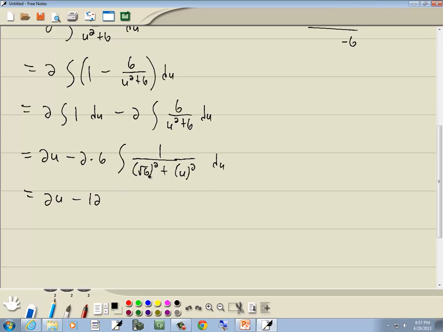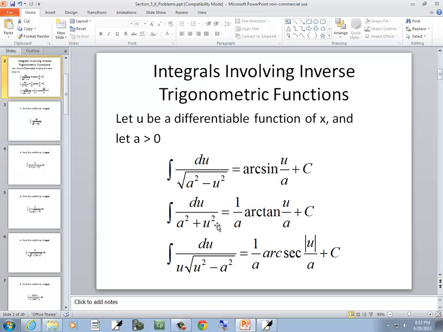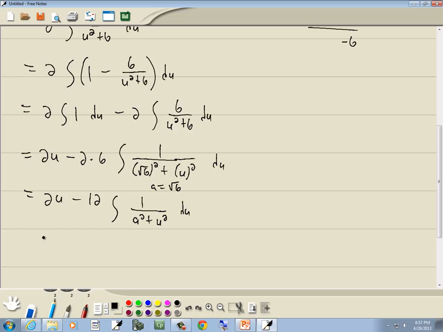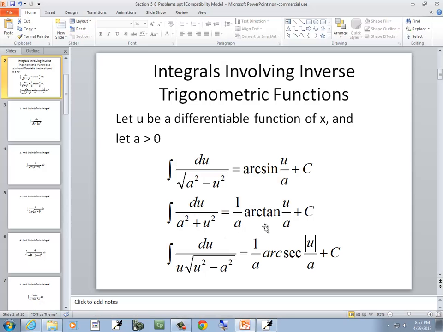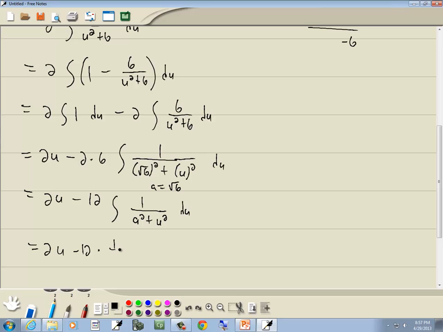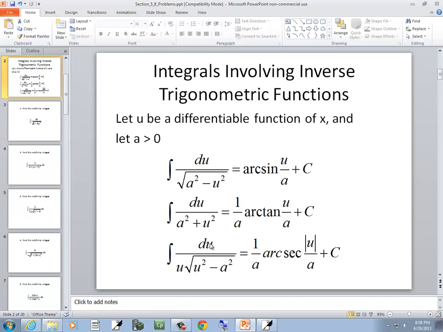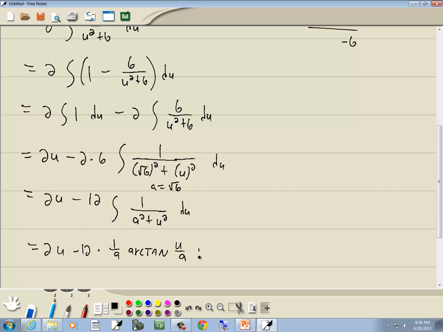And a is square root of 6. So this becomes the integral of 1 over a squared plus u squared du, which happens to match our formula exactly. So we got 2u minus 12 times 1 over a arctangent of u over a, and now I'll put my plus c in there.